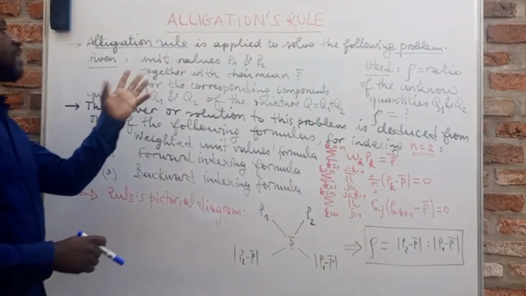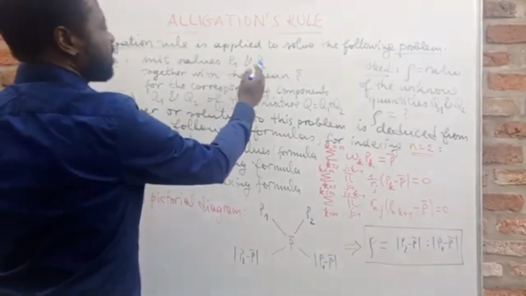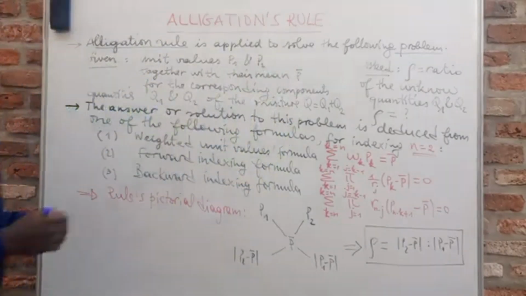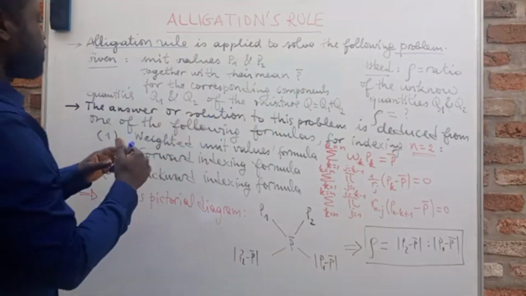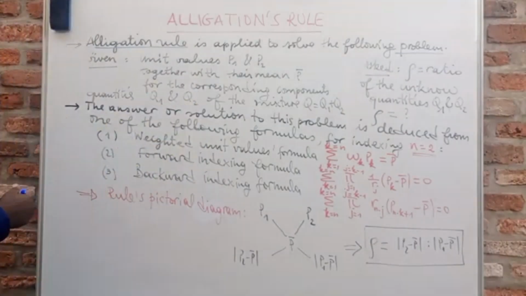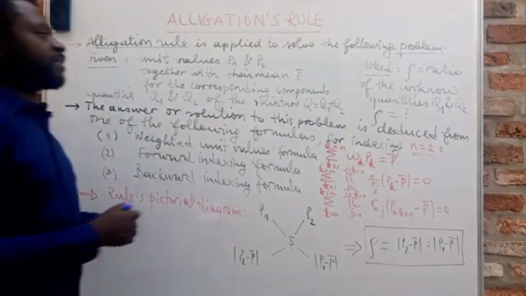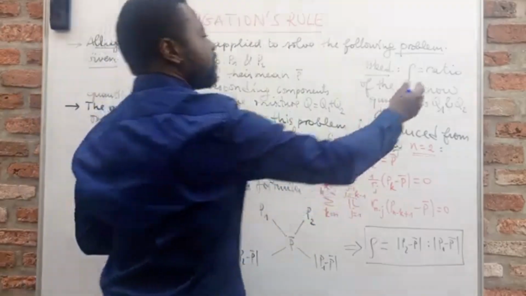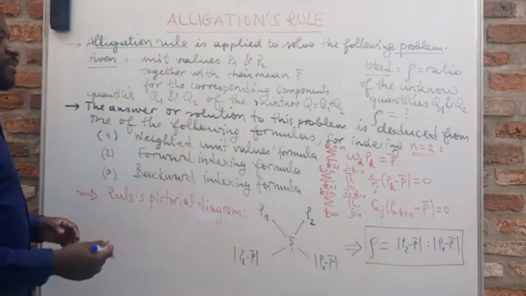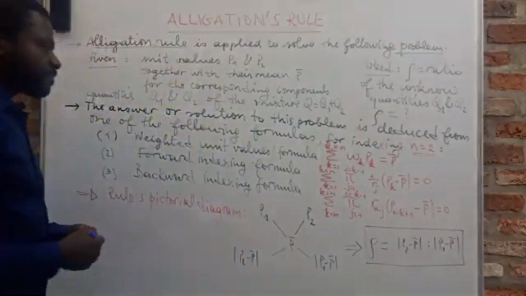Given information about the unit values P1 and P2, together with their mean value, for some corresponding quantities Q1 and Q2 respectively for the mixture Q, what will be the ratio in which those quantities Q1 and Q2 have to be mixed? That is represented by rho.